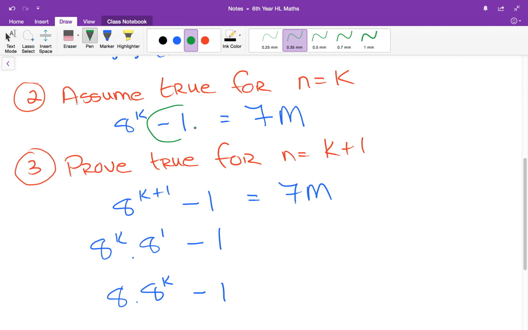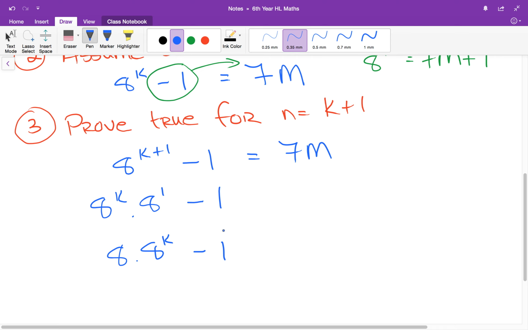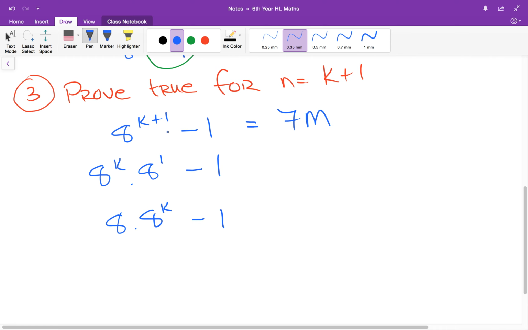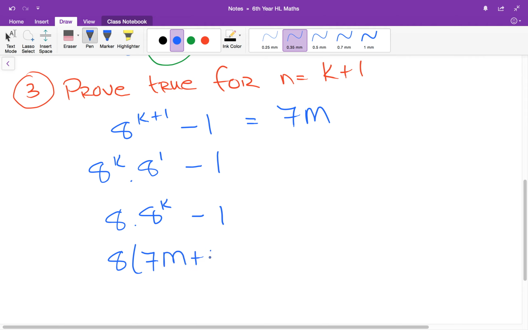So I'm going to take this 1 and bring it across, so you get 8 to the k equals 7m plus 1. I'm going to use that down here, so I'm going to replace the 8 to the k with 7m plus 1, based on our manipulated assumption.